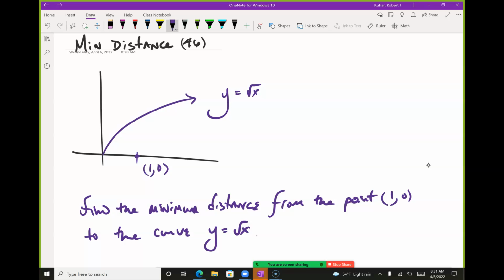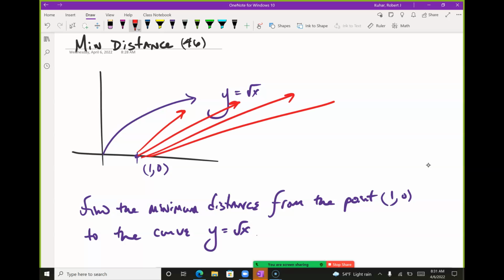Somewhere I'm going to take that value of y and put it in to replace and get a function of x. Now, you should see a couple of things here. The distance can't be 0, and the distance can't be maximized, right? You can imagine I could keep finding these distances forever and ever. I'm never going to find a max distance.